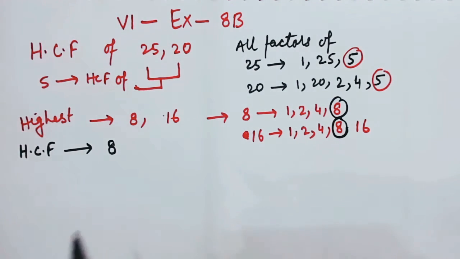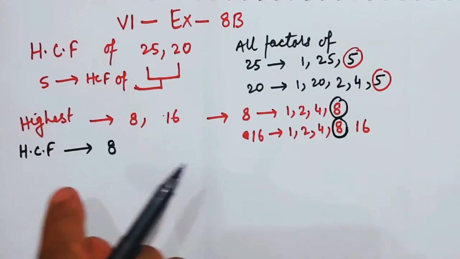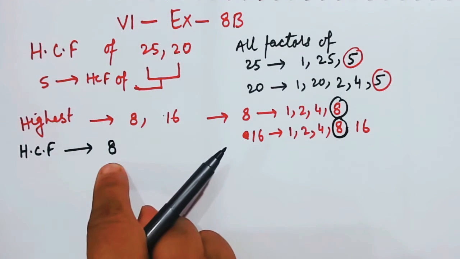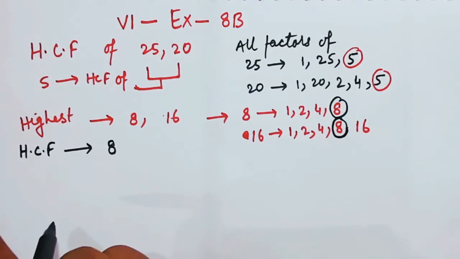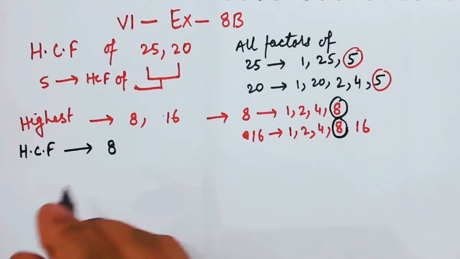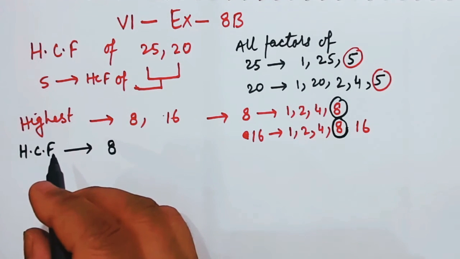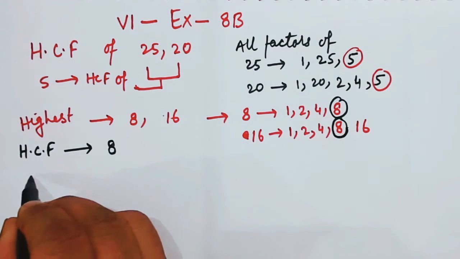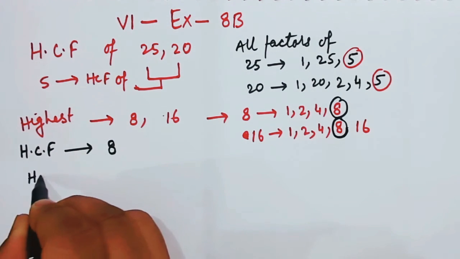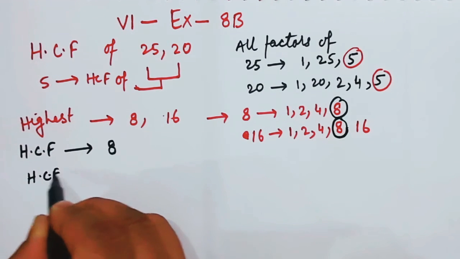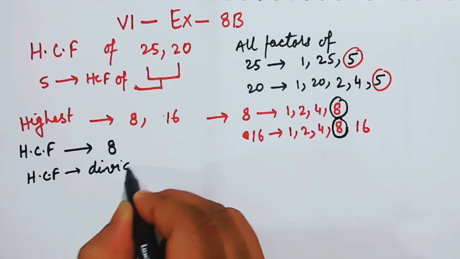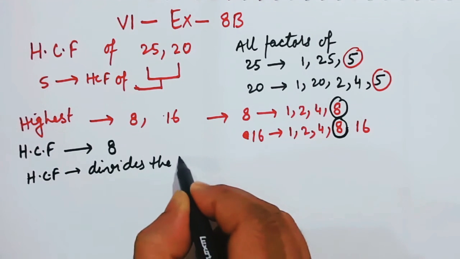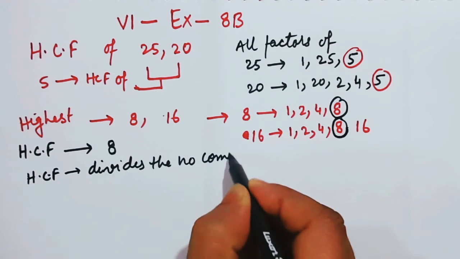Now, one more important thing I will tell you. This 8 is a number that will divide each of them completely. So the HCF, the highest common factor, divides the numbers completely.